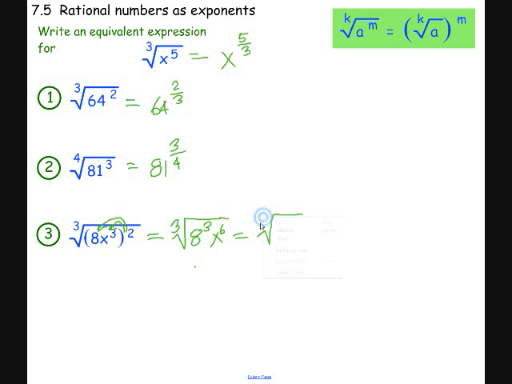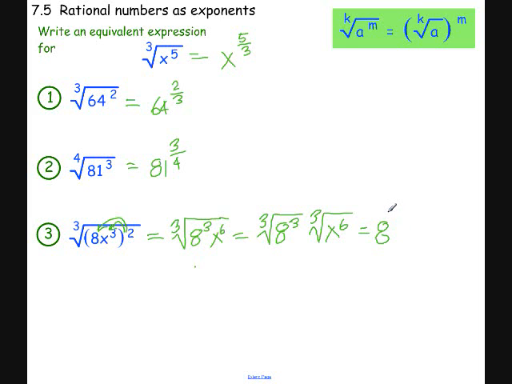I'm going to have the cube root of 8 to the 3rd power times the cube root of x to the 6th power, which is equal to, if I put it into rational exponents, I've got 8 as my base.